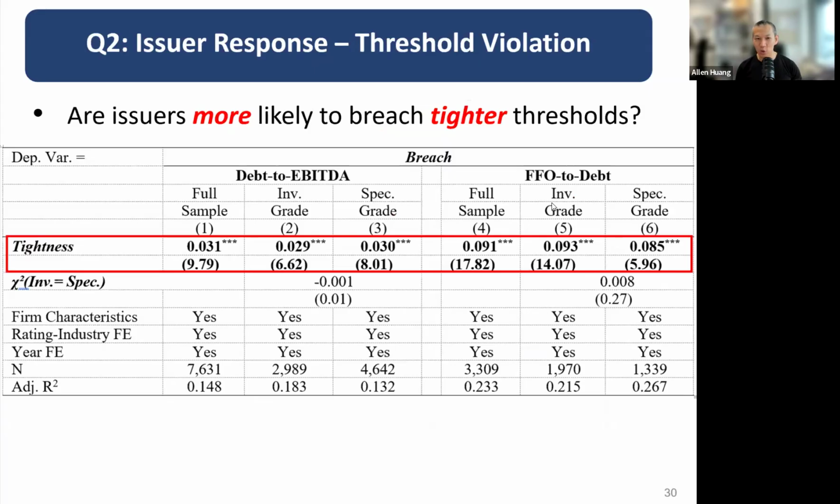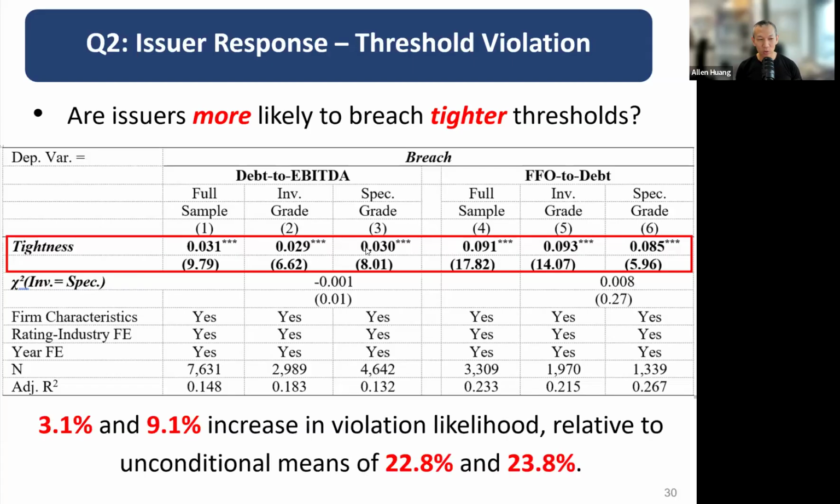If you are an issuer facing tighter thresholds, even though you take actions, you are more likely to reduce your leverage and improve your operating performance, but in the end, that is not sufficient to completely counteract the tighter thresholds, so you are still more likely to breach. There is about a 3 to 9% increase in the violation likelihood, relative to the unconditional likelihood of about 22 to 23%. That's quite economically significant.